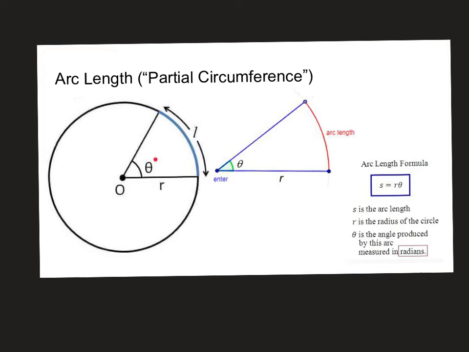So if we have a theta in degrees, we'll need to convert our theta into radians using our radian conversion process from Thursday. If it's already in radians, then we just need to multiply our theta by our radius, and we'll get our arc length.